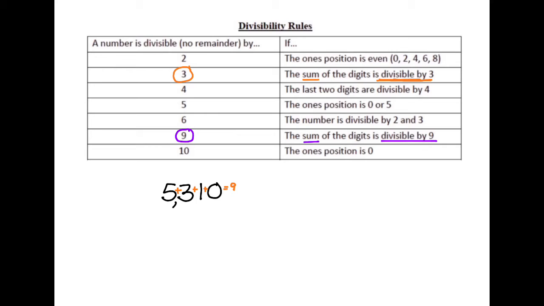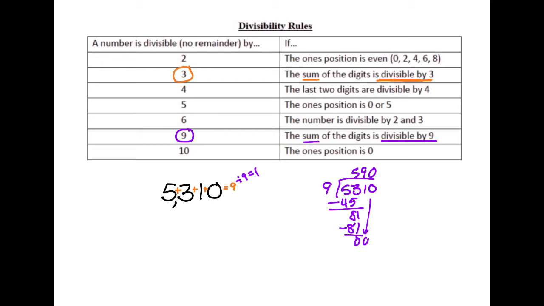So I added them up, and if 9 divides by 9 equally, which it does, then that entire number is divisible by 9. And again, let me show you. 9 times 5 is 45, we get an 8, and again, we need the placeholder. It goes in evenly.